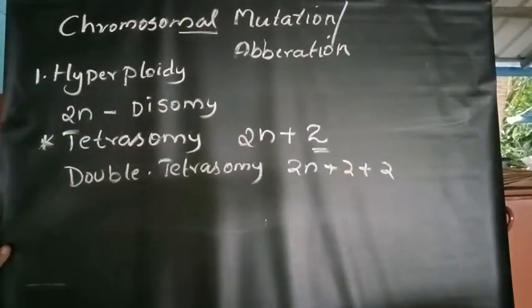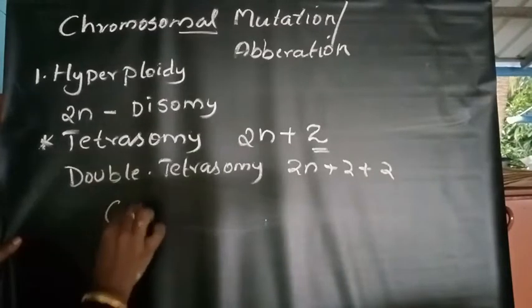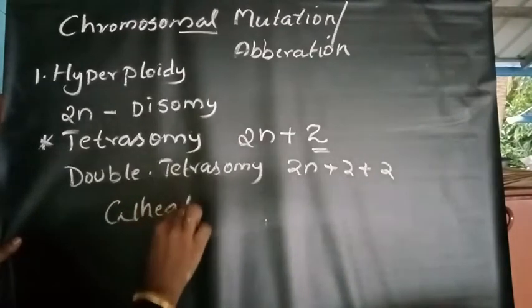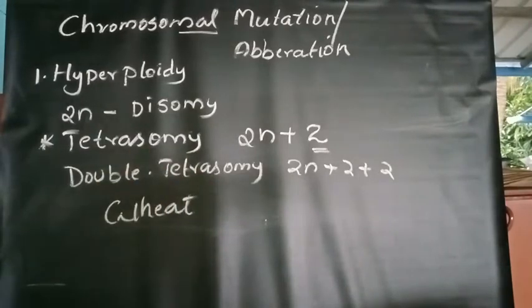All possible tetrasomies can be seen in the wheat plant. Wheat plants show double tetrasomy or normal tetrasomy, all these types of tetrasomies.